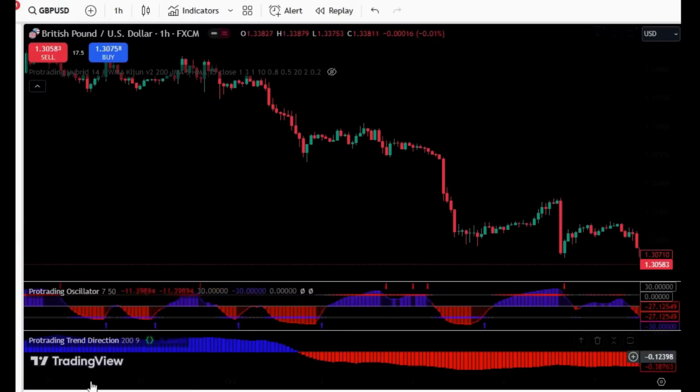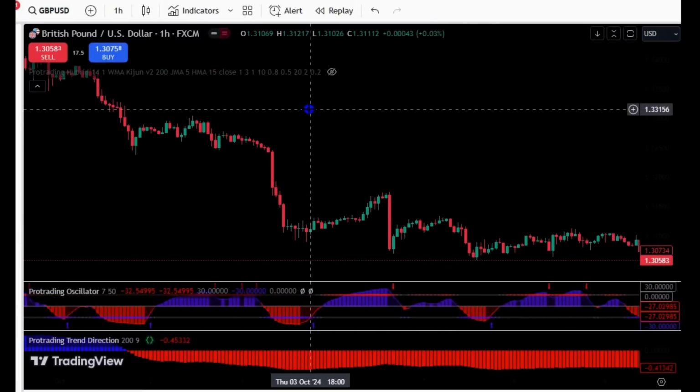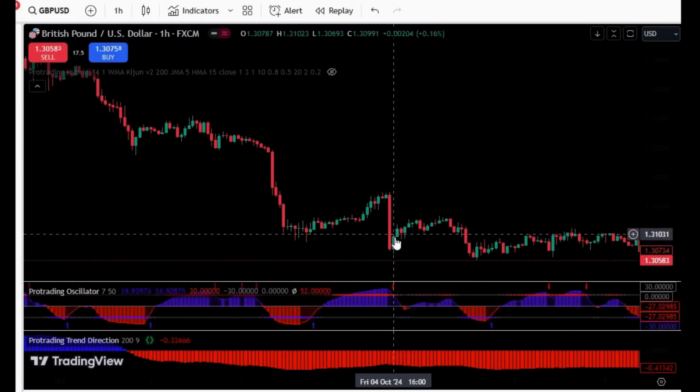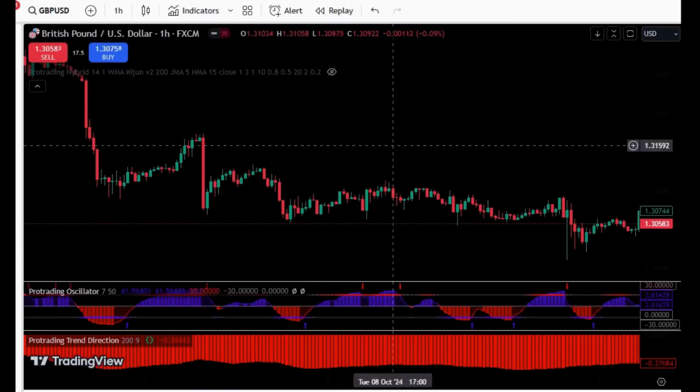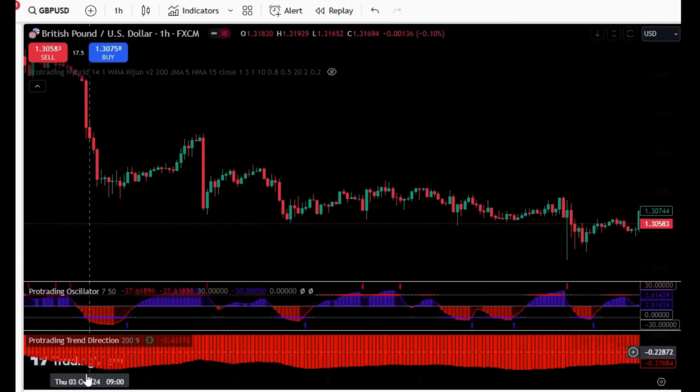We have made our profit, and here you get another signal which happens at the close of this candle. So once this candle closes, we open our sell trade here. When we open our sell trade here, our stop loss will be at this immediate swing high.